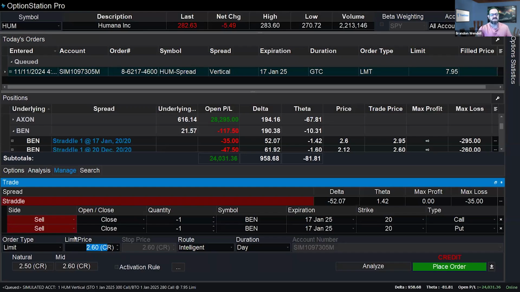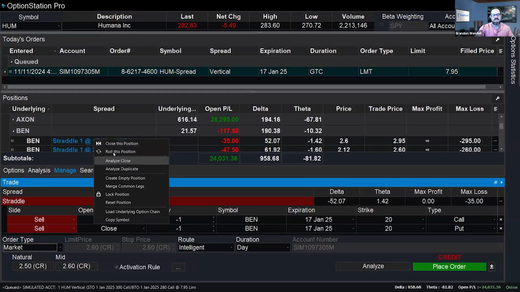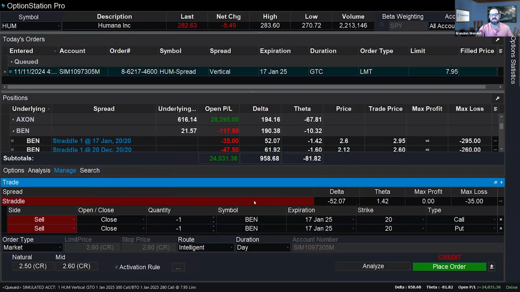But what I'm going to do in this case is set an order by using the activation rule and a market. Okay. So let me take a step back. All I have to do to exit, right click, close this position, or bring up the order tab. If I know I'm going to set my target price, let me just do these independently.